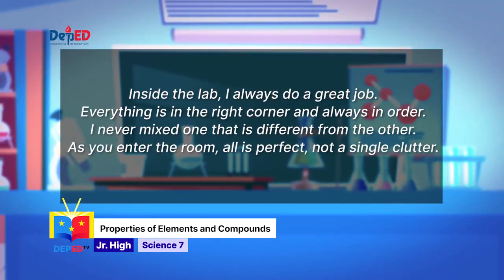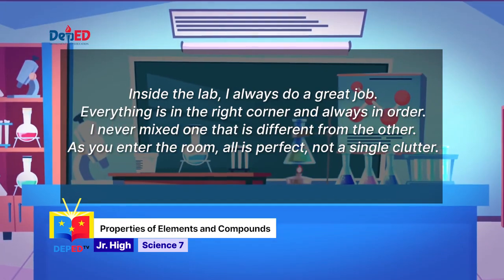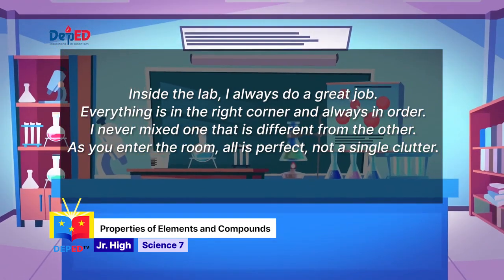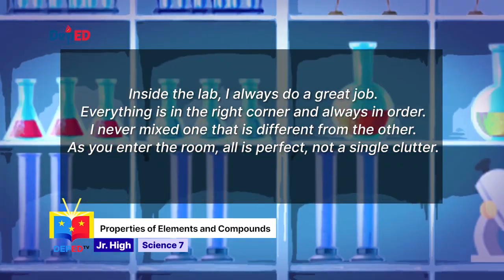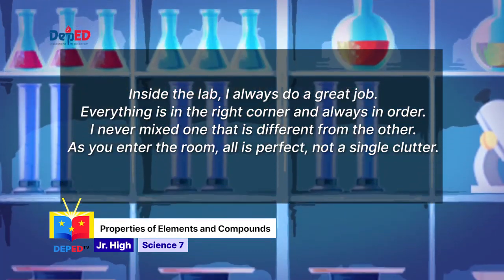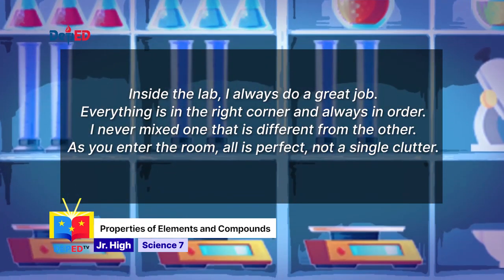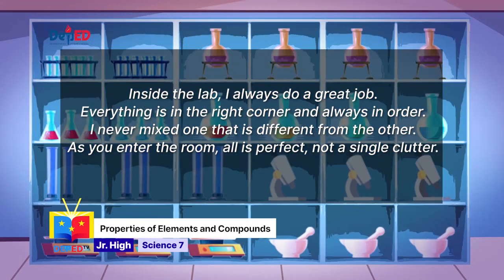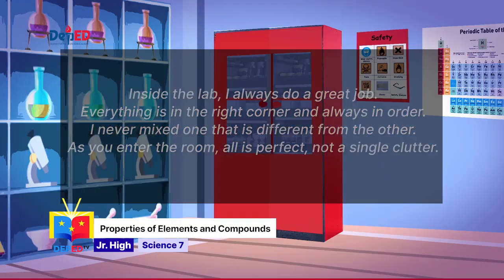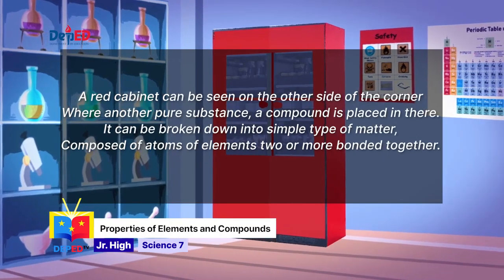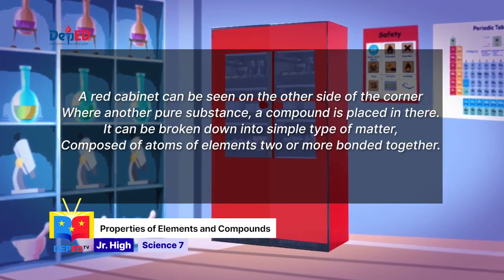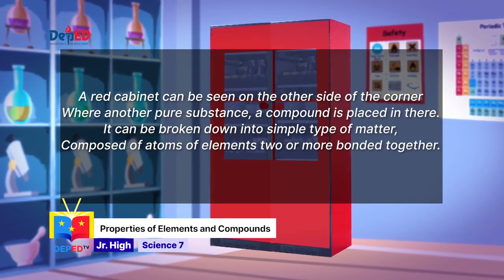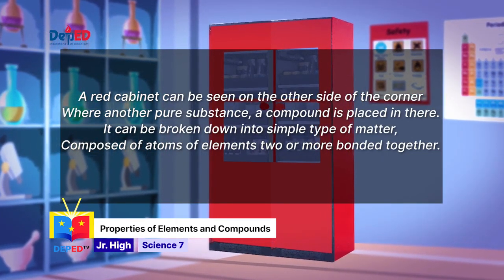Inside the lab, I always do a great job. Everything is in the right corner and always in order. I never mixed one that is different from the other. As you enter the room, all is perfect, not a single clutter. A red cabinet can be seen on the other side of the corner, where another pure substance, a compound, is placed in there.